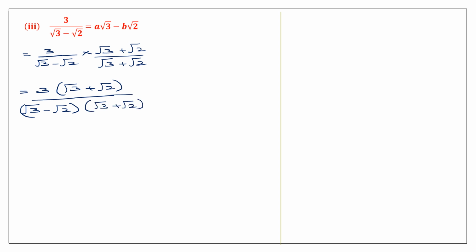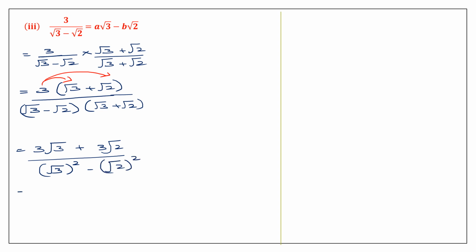So here in the numerator, we have to multiply 3 into root 3 and then 3 into root 2. So that makes it 3 root 3 plus 3 root 2. And in the denominator, we have root 3 minus root 2, that is a minus b into a plus b. We can apply the identity and write the formula, that is equal to a square minus b square. So that is root 3 the whole square minus root 2 the whole square.